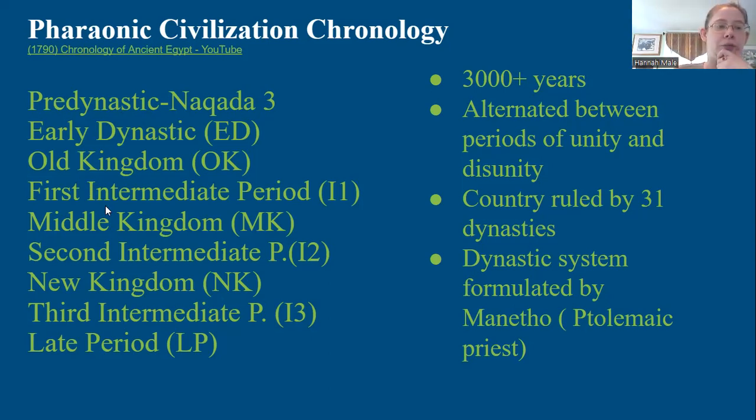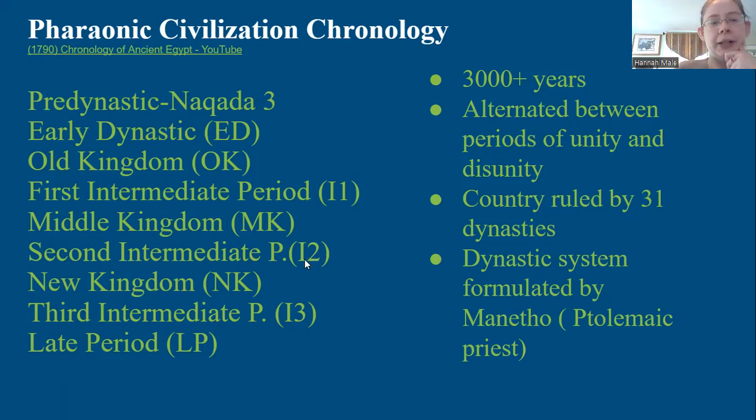And then you go to, generally in terms of Pharaonic Egypt, the late period, which is the last, or independent Egypt. The late period is the last large period, because after the late period, you have the Battle of Actium in 31 or 32 BC, which is when Egypt becomes a province of Rome.